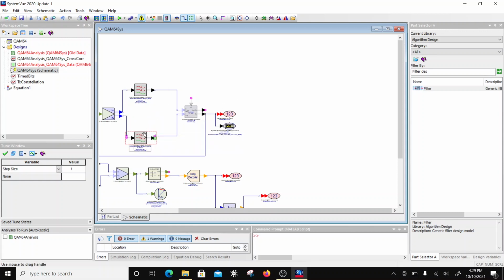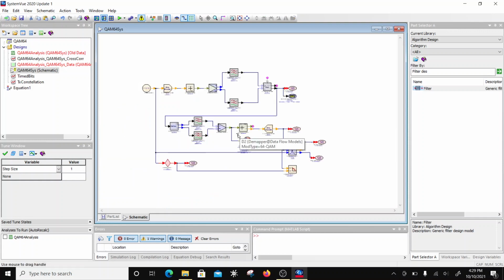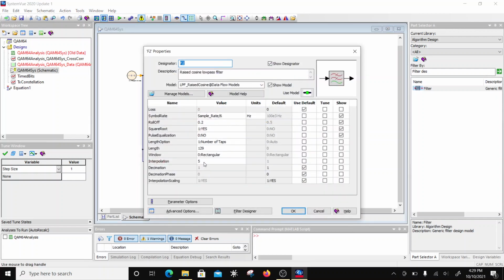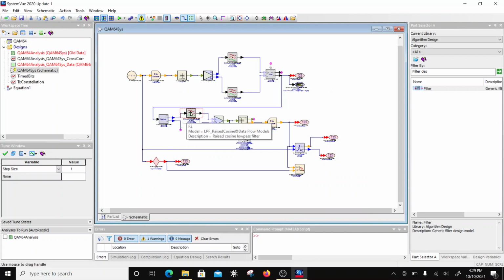Okay, so this is with a 20% excess bandwidth, and here I am going to replace this with a decimation of 5. So I'll just copy this over here, and here I am going to put a decimation of 5 and decimation phase of 3, and I am going to just repeat this over here, and we are all set.